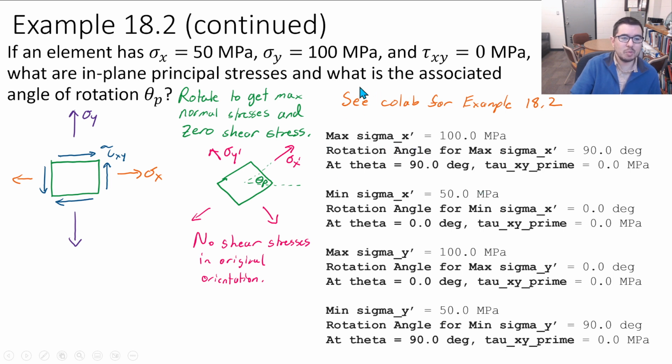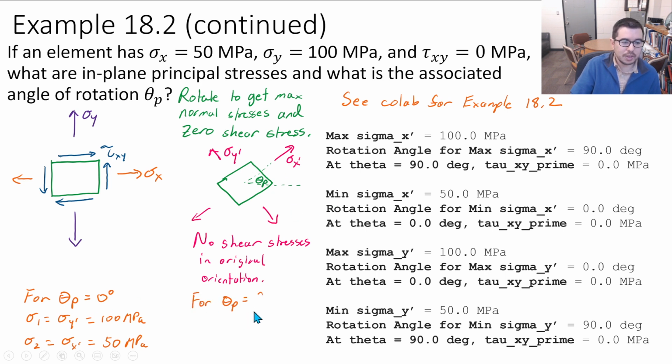Well, it becomes sigma y when we rotate by 90 degrees. Then sigma 1 is going to be the sigma x prime in this direction. That was the original sigma y, and so that's 100 megapascals.